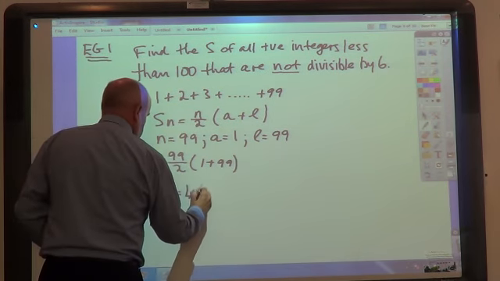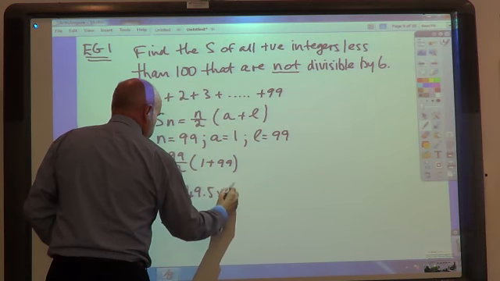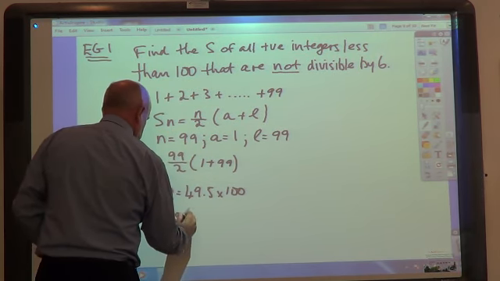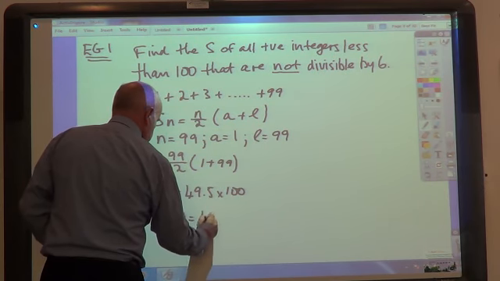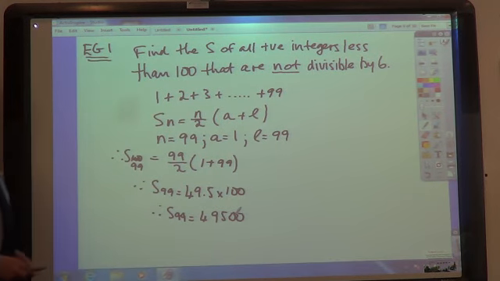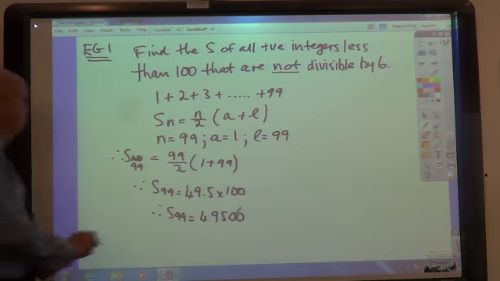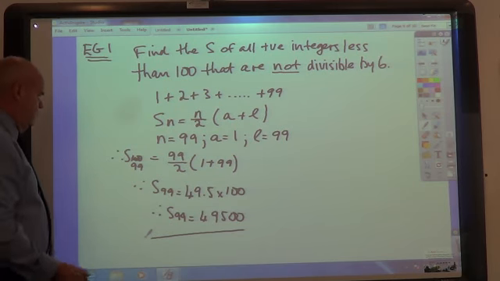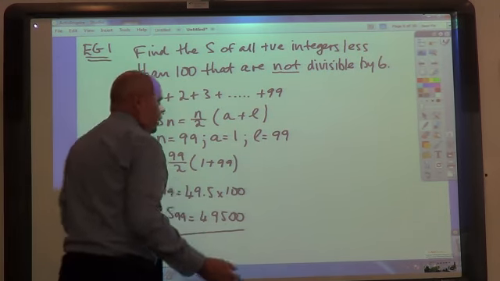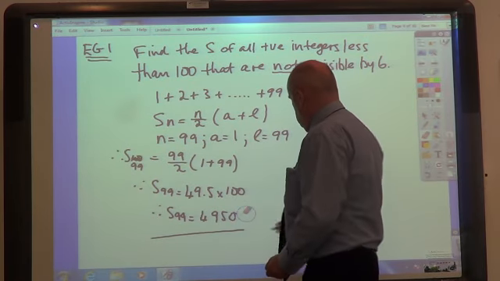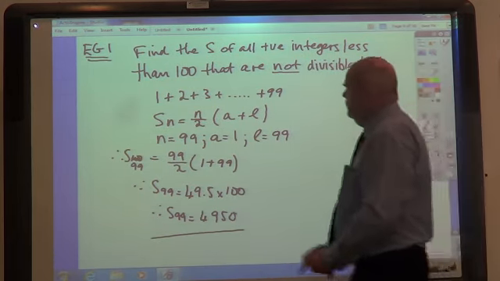Stumbling over my words there. 49.5 times 100, and therefore it seems that that part of it is going to be 49500. Okay? So I've worked out the sum of the integers between 1 and 99 inclusive. Good. So that's part 1 of that problem. Too many zeros. Too many zeros. I was wondering who would notice that first, so you're quite right.